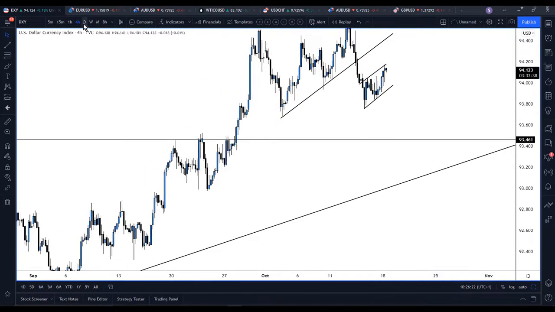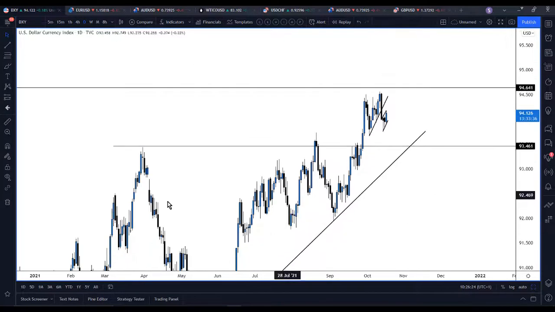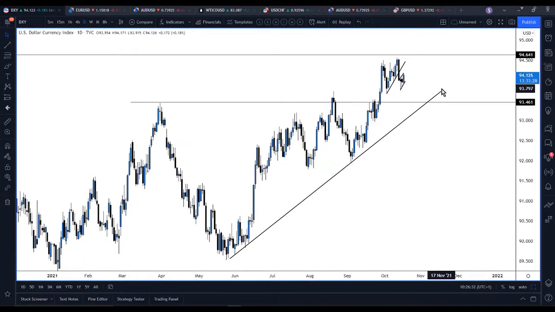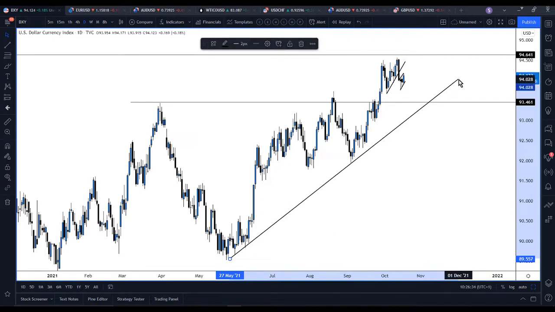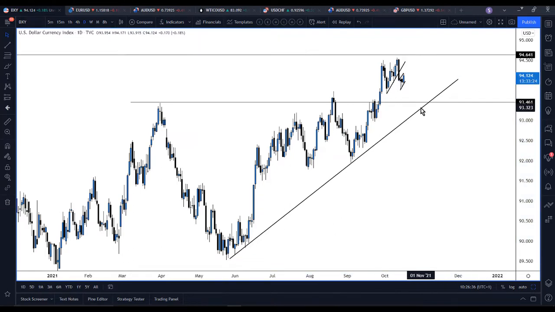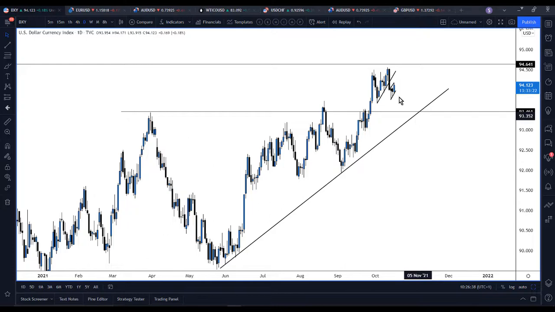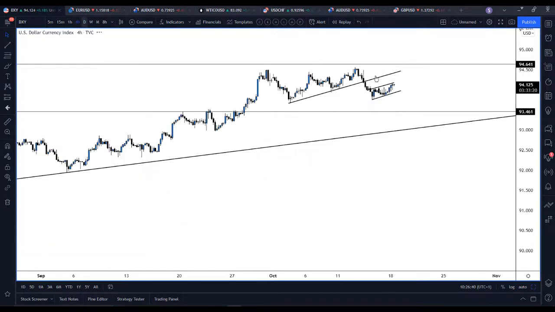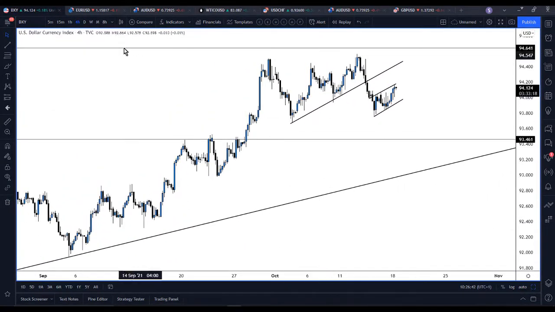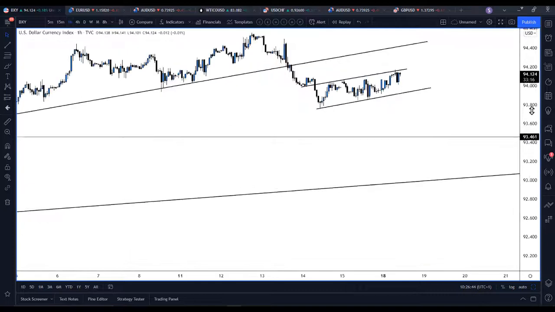There's a nice little bit of structure here, look, where we've got resistance, false break, resistance. So this would make sense coming down to around about that 93.46. Also have a trend line here to look out for as well, where price could come and test. So we do think USD will have a little move to the downside right at this moment in time.